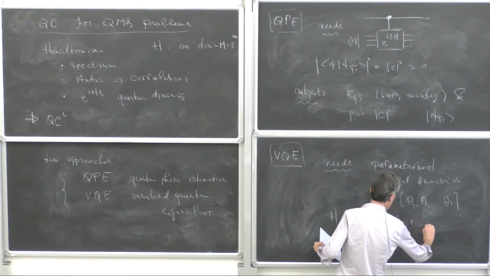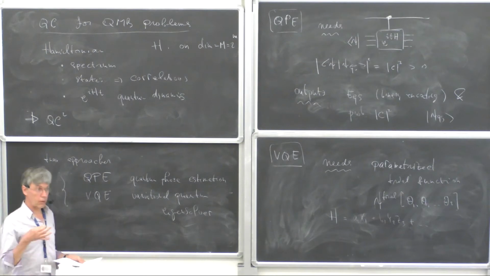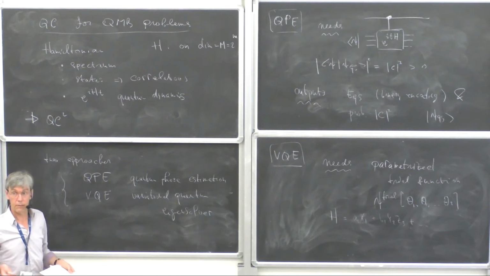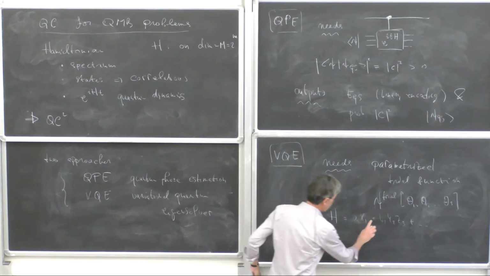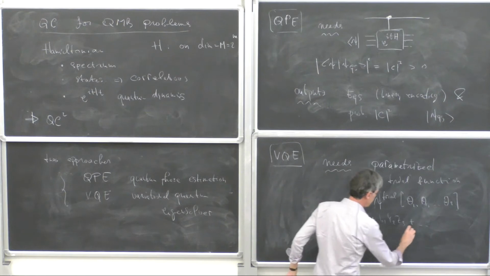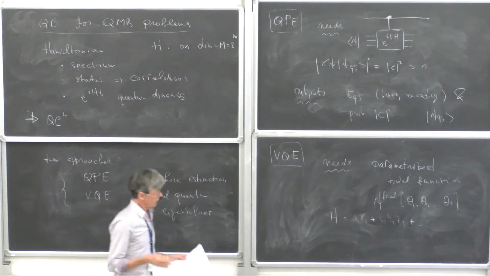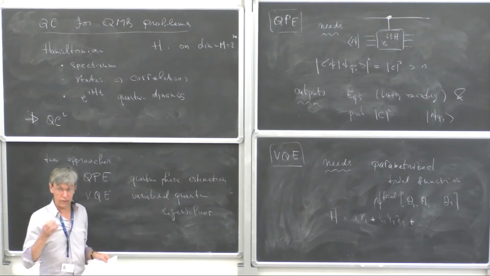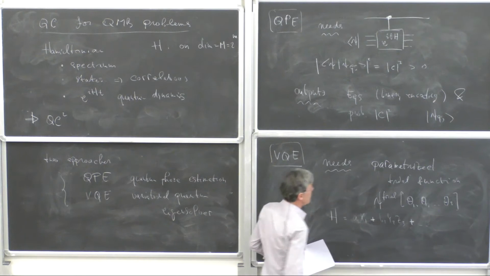So there is some basis for representing, say, my molecule or my Hubbard model, the thing I'm trying to understand. And I have to do all kinds of mappings to express my Hamiltonian in that basis. In the end, that gives me some expression which I can put into the circuit and measure, essentially. I can measure term by term. So I can measure this term, etc.